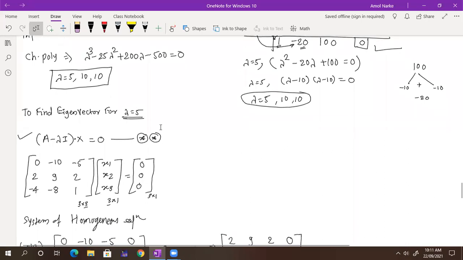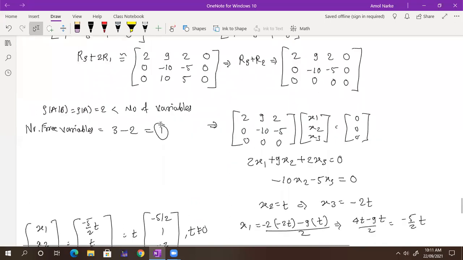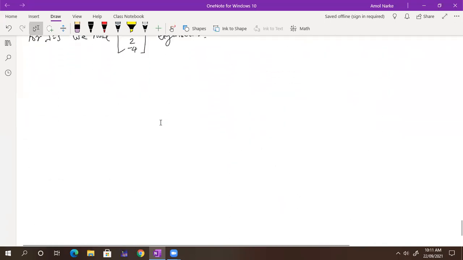So let's find the eigenvector corresponding to lambda is equal to 10. Everyone just do it with me. So the eigenvector corresponding to lambda is equal to 10.